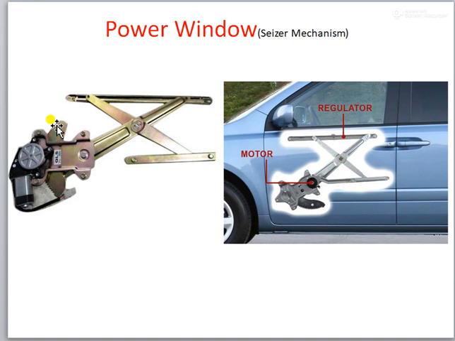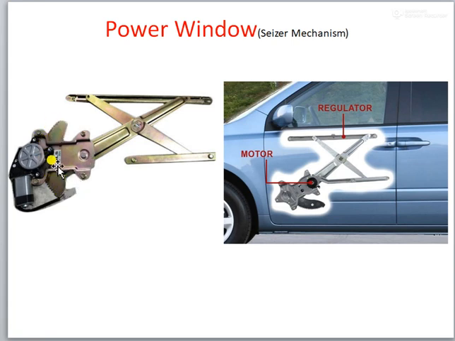That teeth is meshed with the sector of this big link. So when the motor rotates, this gear rotates, and that gear is meshed with the sector of the big link, so the sector also rotates.